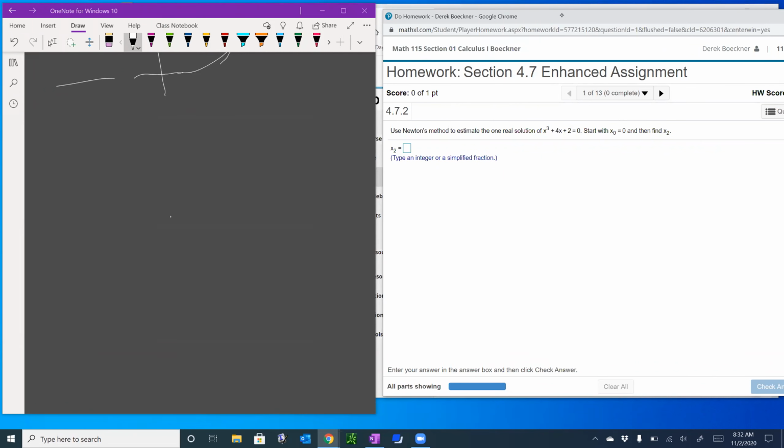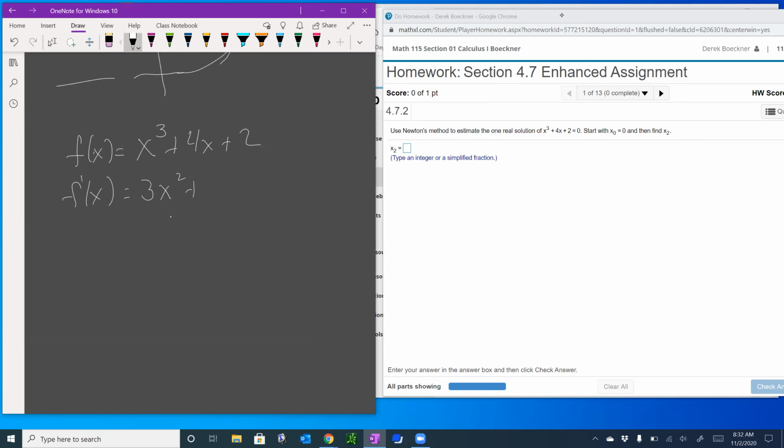We want to start with x0 and end up with x2, so I have to use Newton's method twice. It tells us x0 is 0. So I have the function f of x equals x cubed plus 4x plus 2.